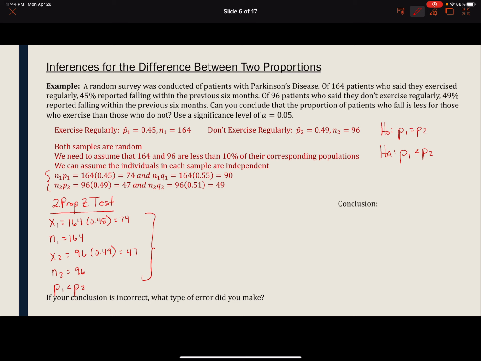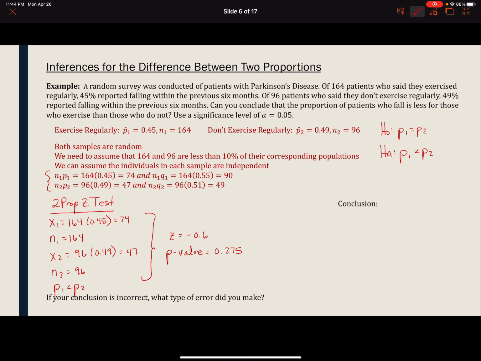And when you do this, we get a z-score of negative 0.6 and a p-value of 0.275. I want you to notice that we have a negative z-score, which is fine.